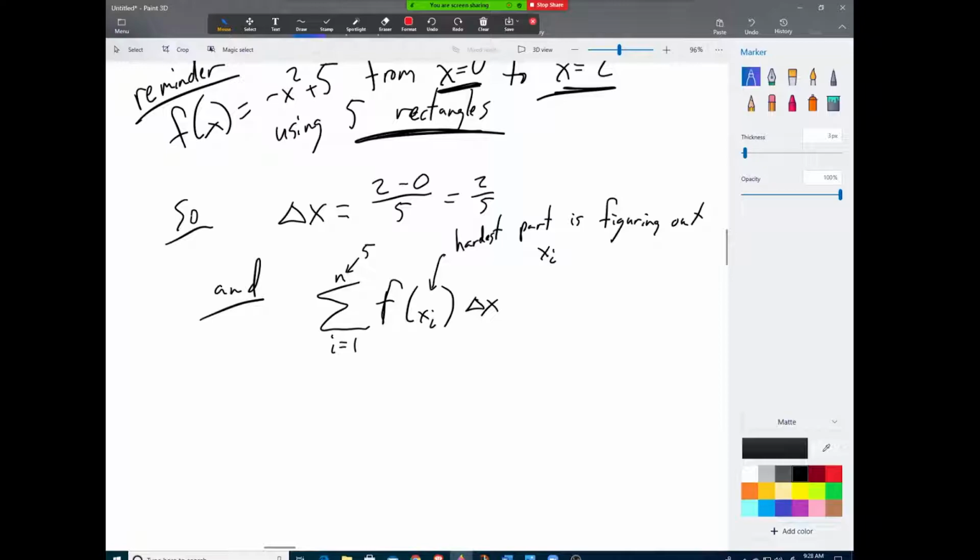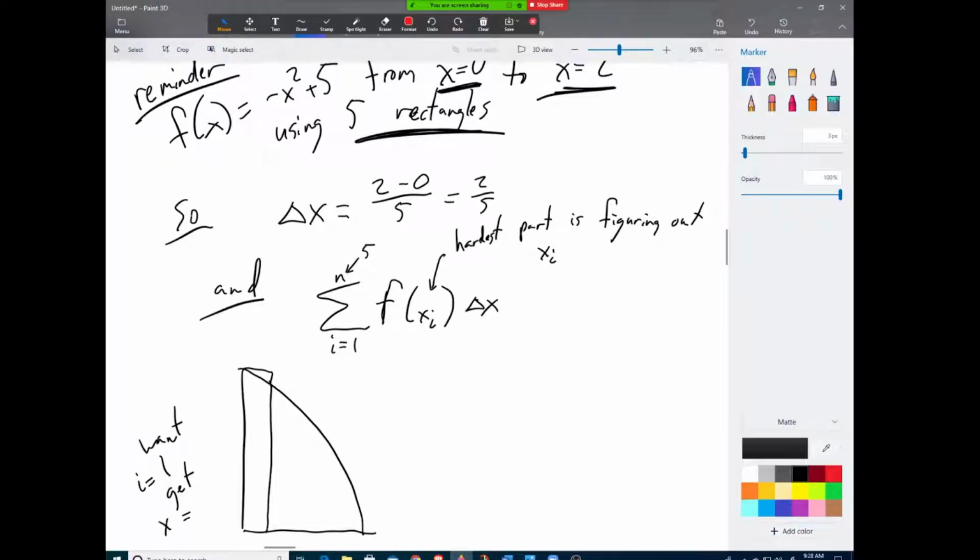So, just to draw kind of a sloppy copy of the graph, I want something, again, where I plug in i equals 1, and I get x of 1 is equal to 0.